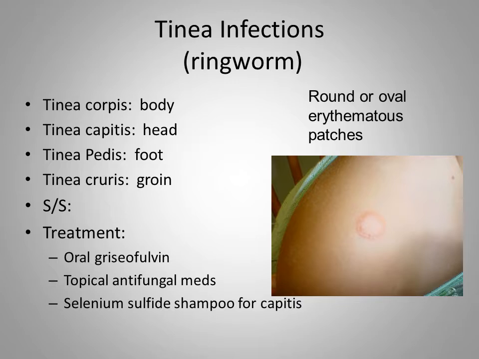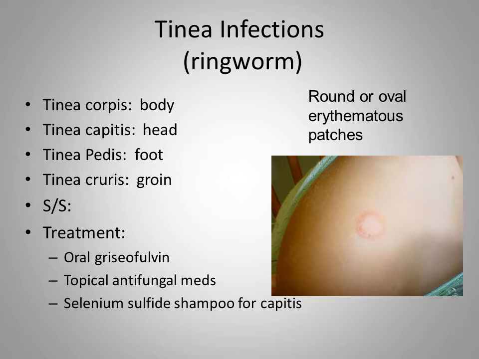Tinea infections are also known as ringworm, and ringworm can affect various different parts of the body, and that's why we see the different types listed on the slide. Generally, we can see a round or oval erythematous patch that may have a slightly purplish quality to it.